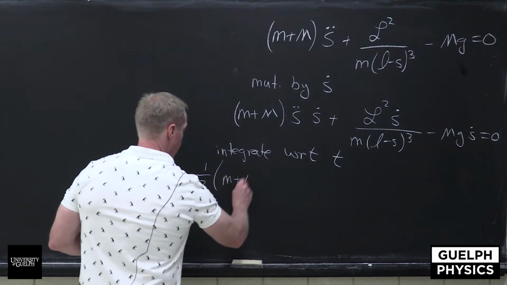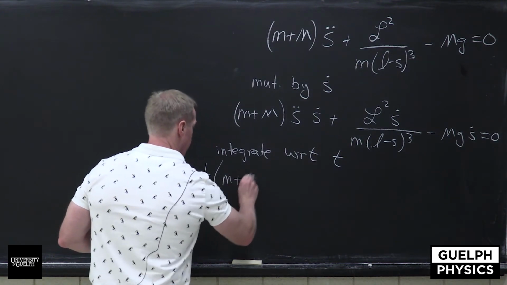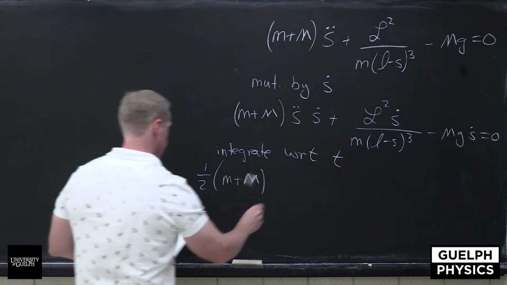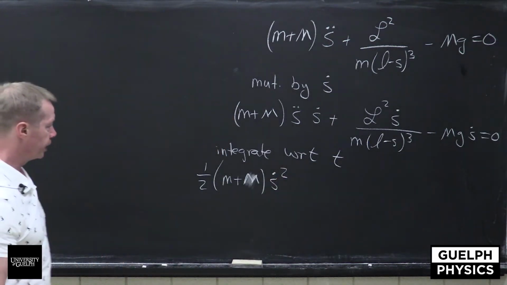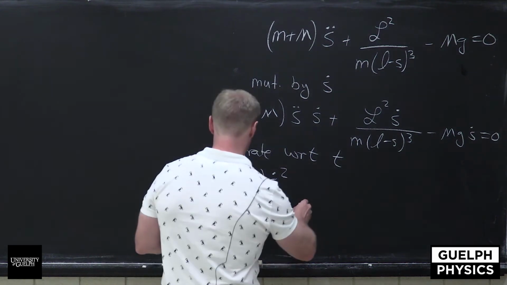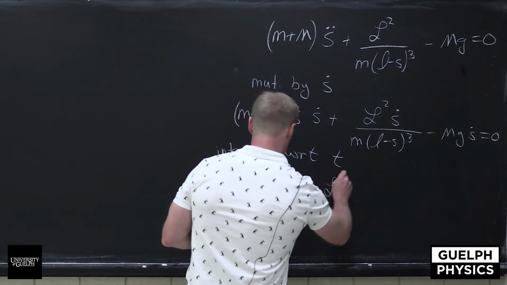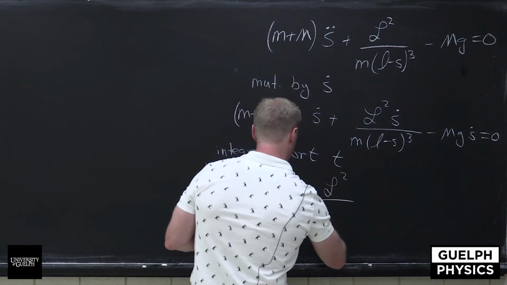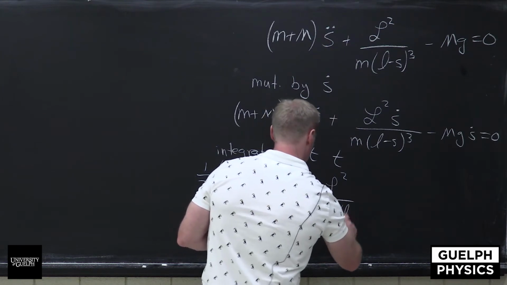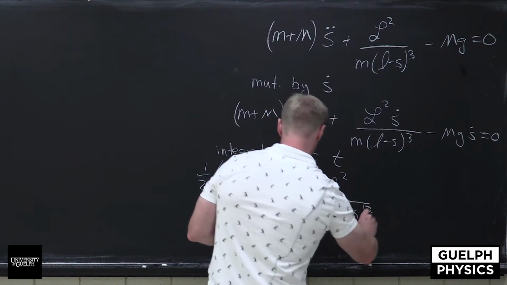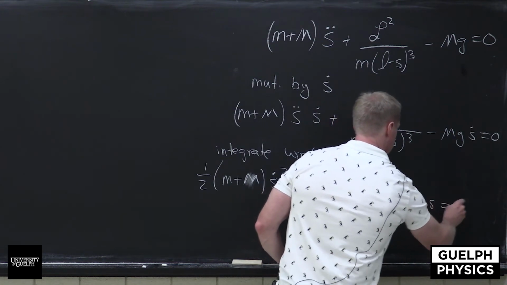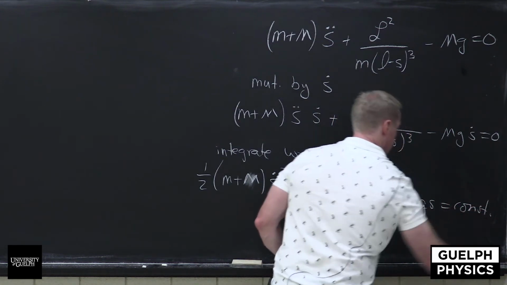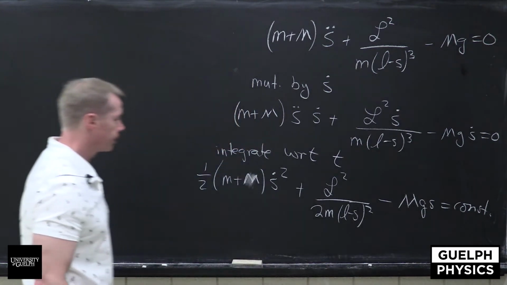You can work this out as an exercise. But I have 1/2 (m plus M) s dot squared plus L squared over 2(mL minus s) squared minus mgs is equal to a constant.